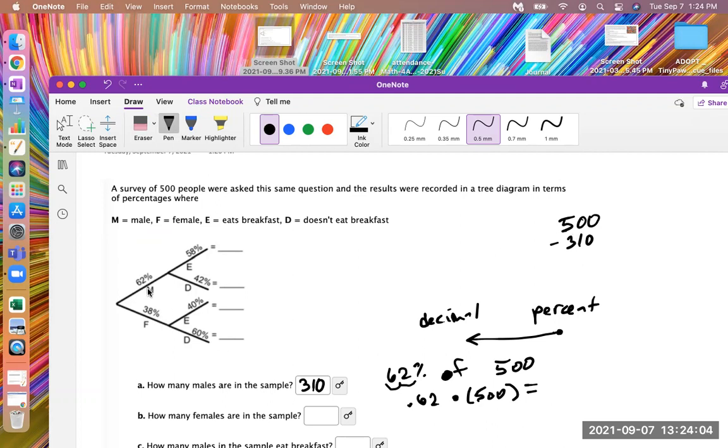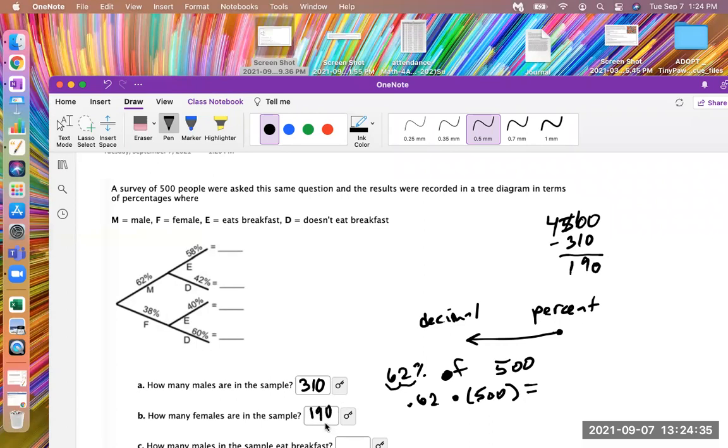So at least in this sample of 500, everybody is either male or female. So we could just take the 500, take away the number of males, and we'll find the number of females. So 190.